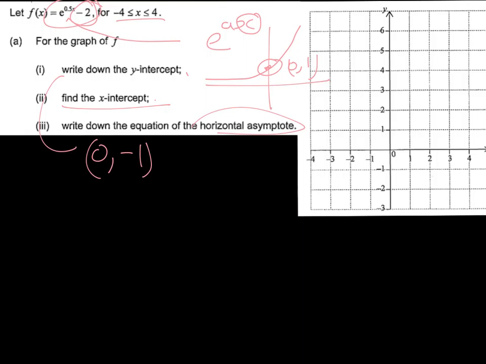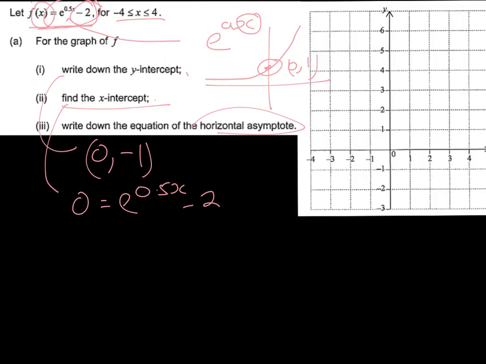The x-intercept is again very easy to do on the calculator, but if we didn't, we would know that if we've got f(x) equals e to the 0.5x minus 2, the x-intercept is where y is 0. So we would have 0 equals e to the 0.5x minus 2.